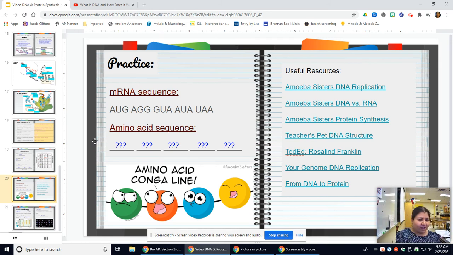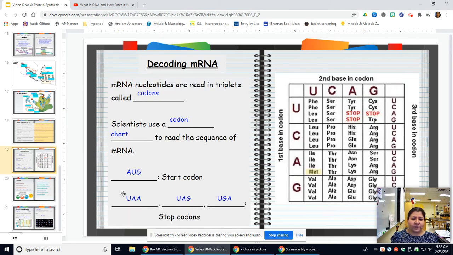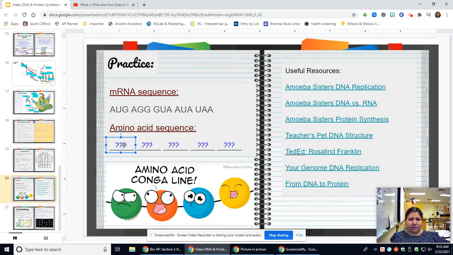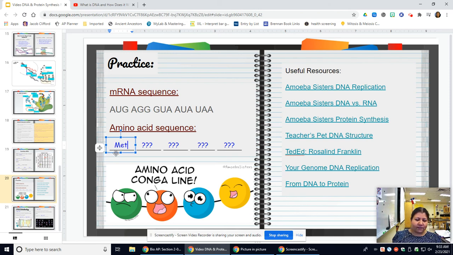All right, so first off, I have AUG. If I go back over here, I know AUG was my start codon, which I highlighted in yellow, which is MET, methionine. So I'm just going to put that right here, MET, methionine.